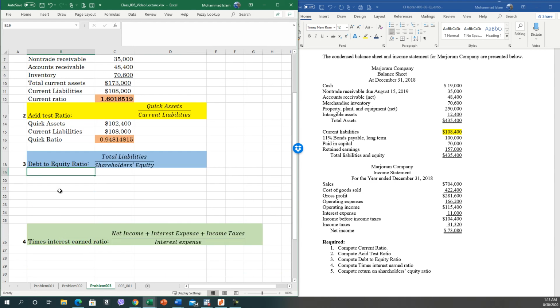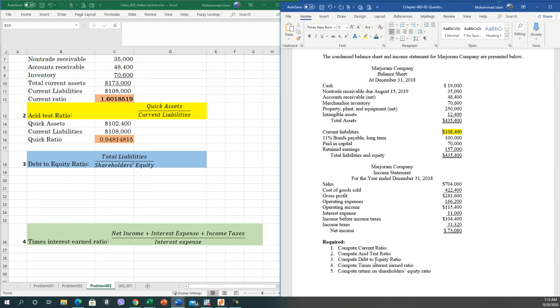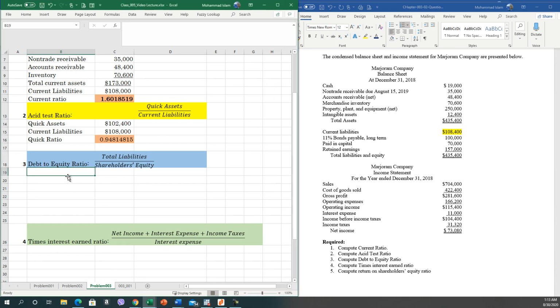So debt to equity ratio. Here we have to calculate the total liabilities and shareholders equity. So from here, debt to equity. We need to calculate the total liabilities. So let's see what we have now.